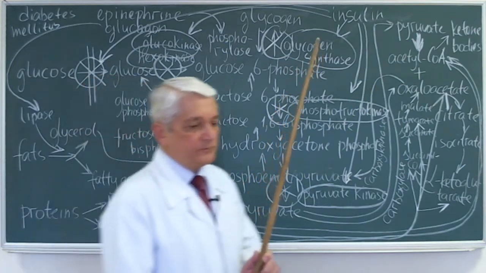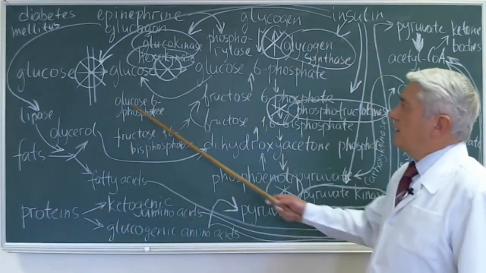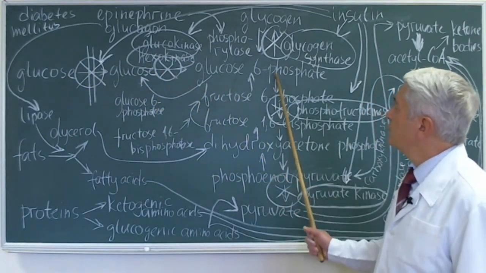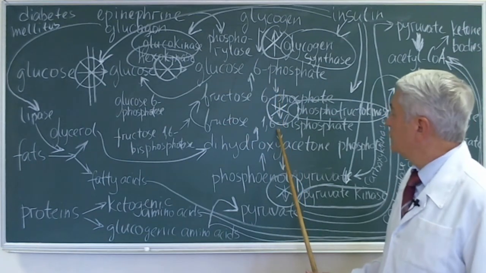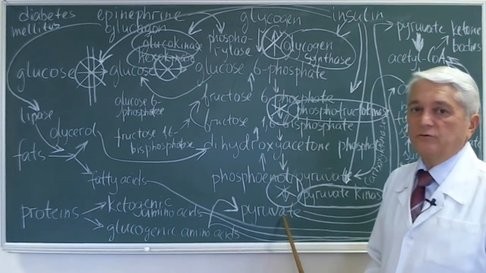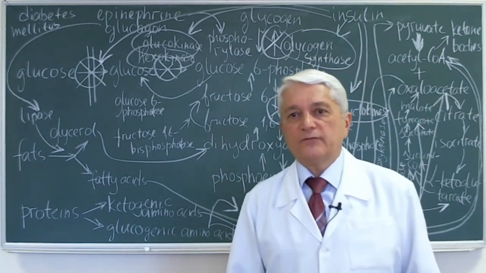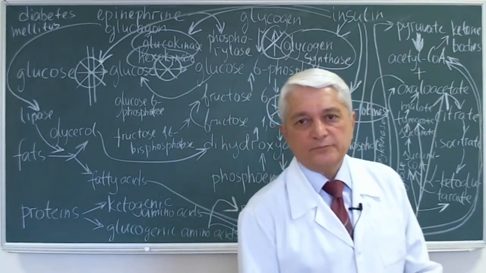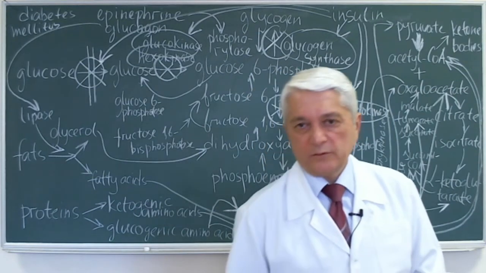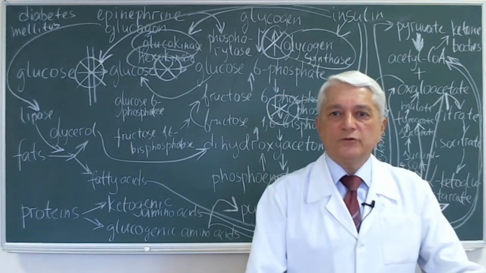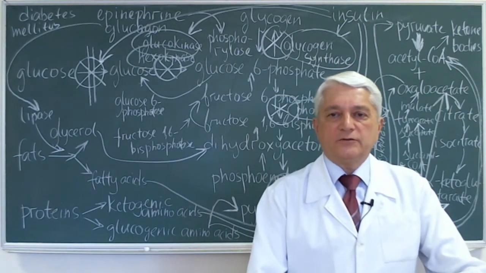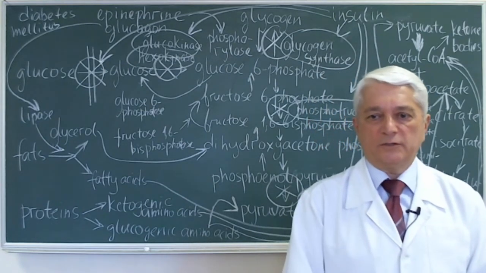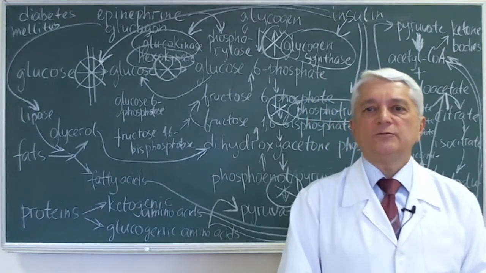But look, as glucose cannot penetrate the cell, it cannot be transformed to glucose 6-phosphate, then to fructose 1,6-biphosphate, then to pyruvate. Finally, we have a low concentration of oxaloacetate, and the citric acid cycle cannot work enough for producing energy. As a result, patients with diabetes mellitus have some important symptoms. Let's now discuss symptoms of this disease.